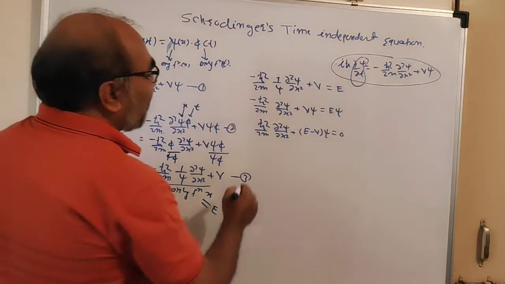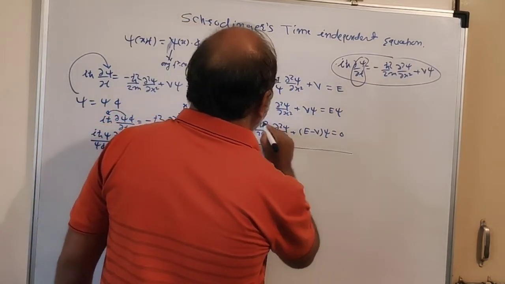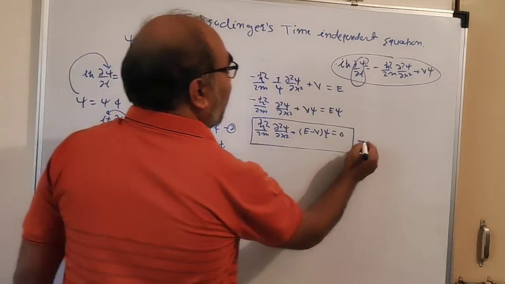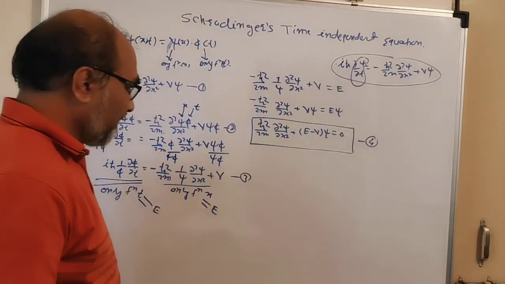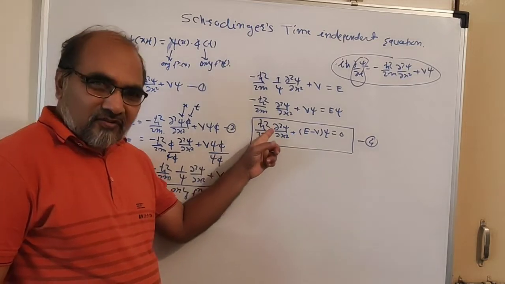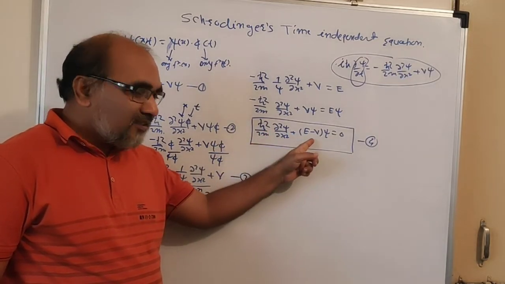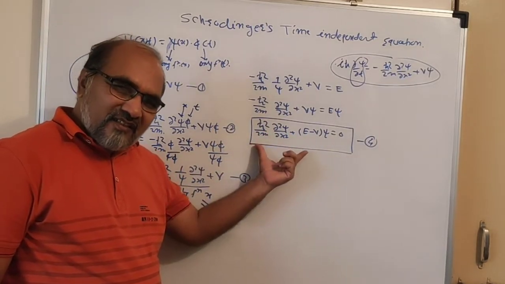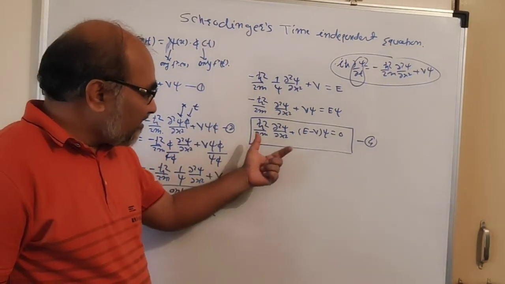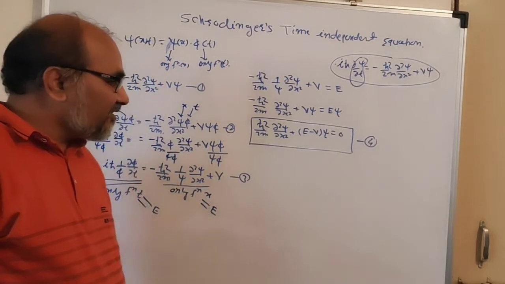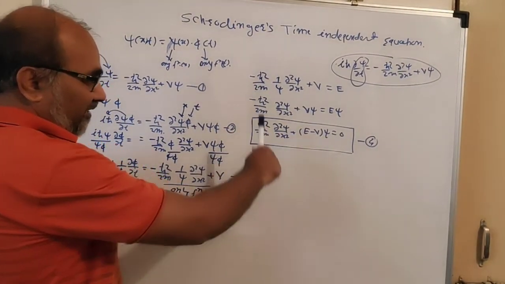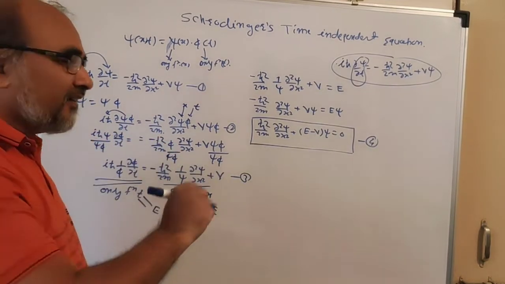Now see, this is equation 4: h bar square upon 2m d2 psi by dou x square plus (E minus V) psi. Does this equation contain time? No, it contains only energy and position, and therefore this equation is called the time independent equation.